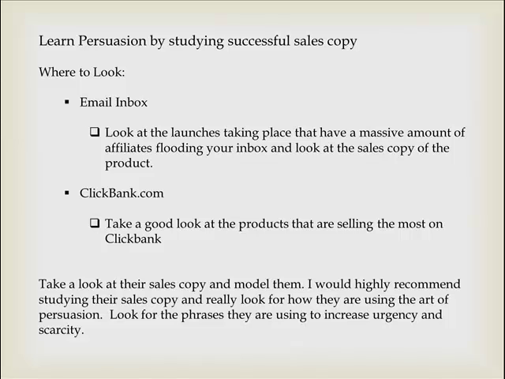Really look for how they're using the art of persuasion. Look for the phrases that they're using to increase urgency and scarcity. Go back through this training and look at the things that we talked about. Look for these kinds of things in the sales copy that you're reading. Look to see how they're being used, the phrases that they're using, what the effect is that it has on you at the time that you're reading it.